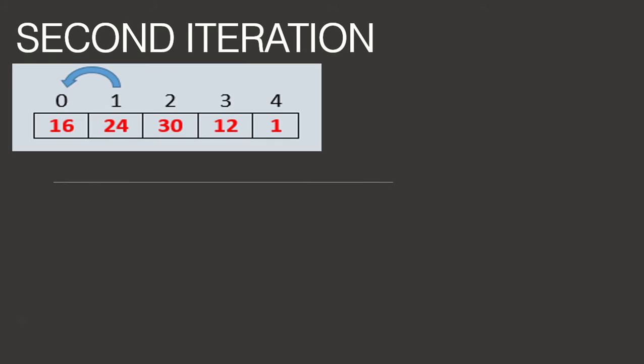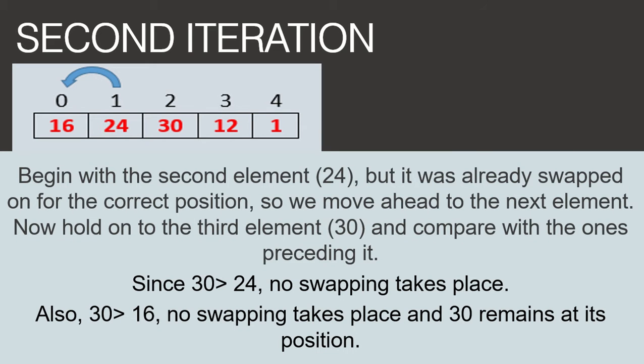On our second iteration, it begins with the second element with a value of 24, but it was already swapped into the correct position. So we move to the next element, the third element with a value of 30.